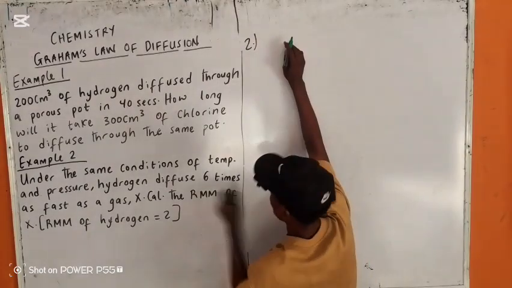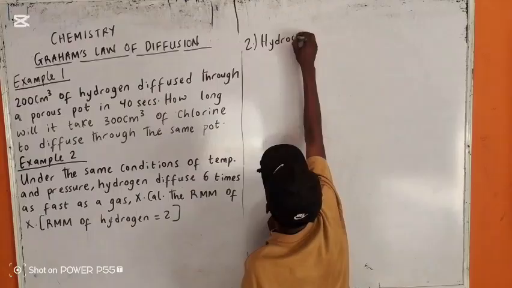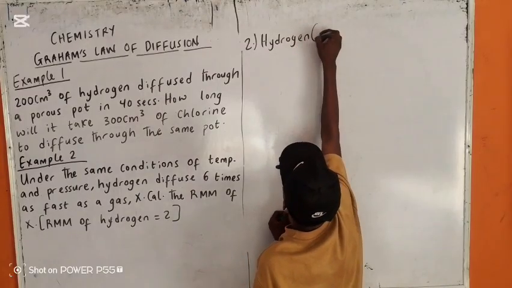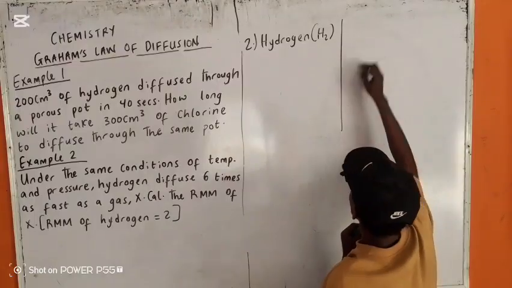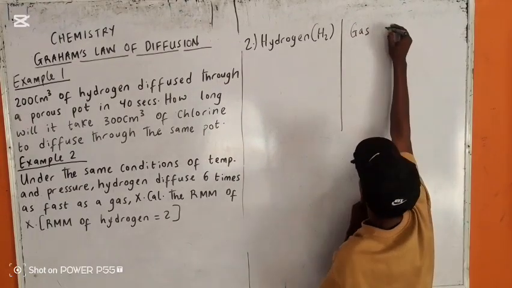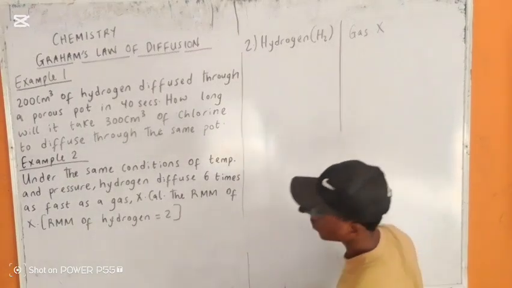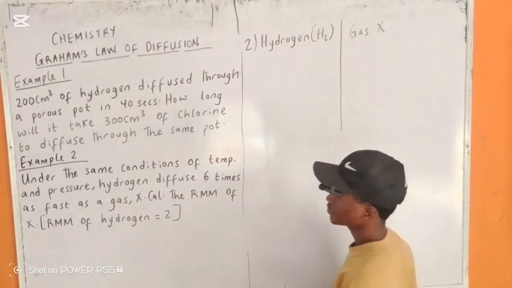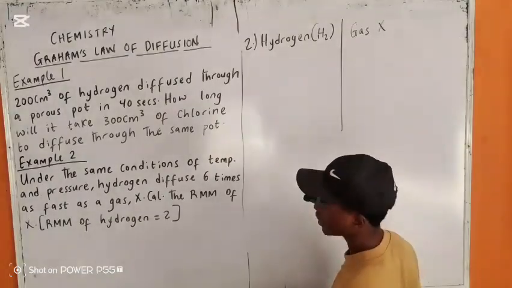So we have hydrogen, which is diatomic, H2, and we have our gas X. Now notice in the question, are we given time? Are we given volume? Are we given relative molecular mass?